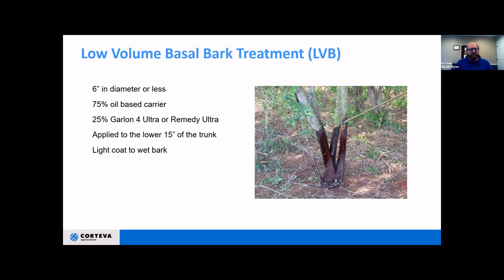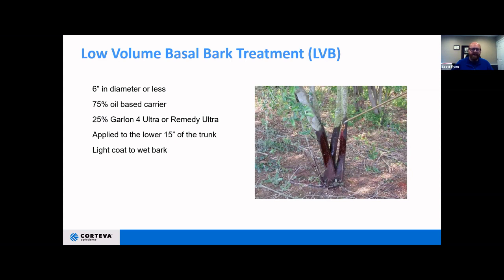I've taken a few licks on the chin over the years in presentations where people come to me and say, you know what, we've used low volume basal bark treatments with Remedy Ultra, and we're killing species at 10 and 15%. That's great, but your application technique is something you probably need to look at. Low volume basal techniques are made for those backpack crews that have to go on long walks to treat stems, and we don't need them coming back or having to have a nurse tank close to them the whole time.